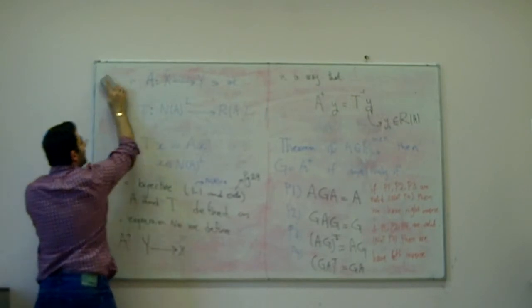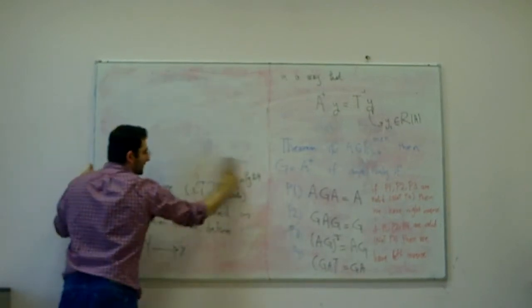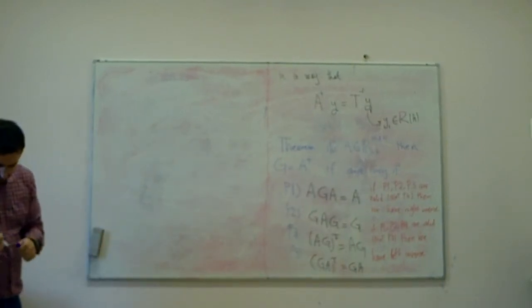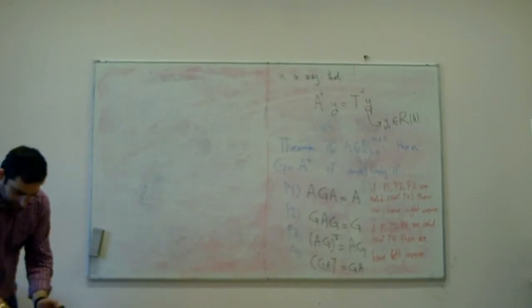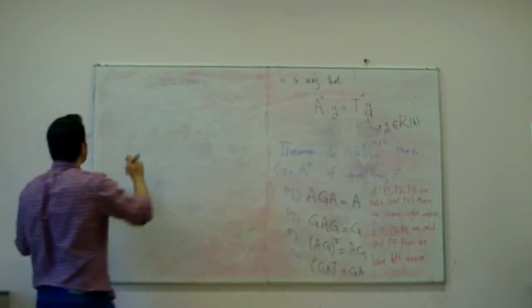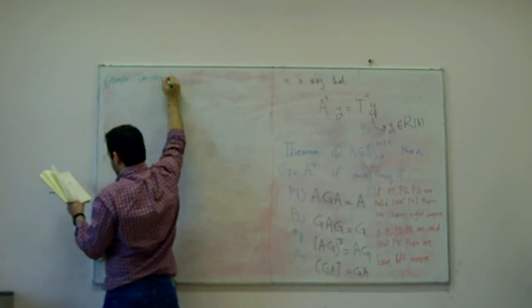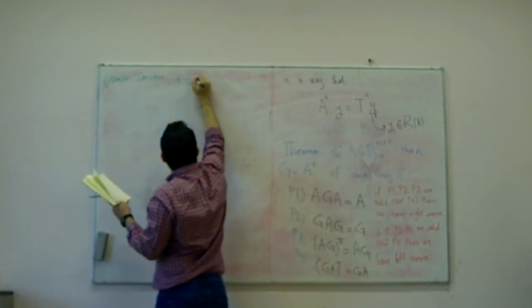Now, let's do an example of how these principles can be used. A numerical example. Consider A is 1 to 2.